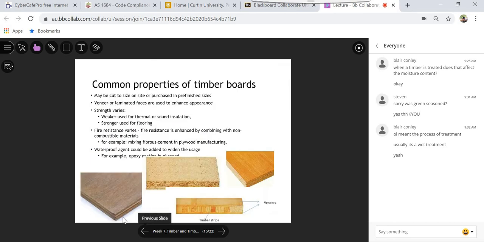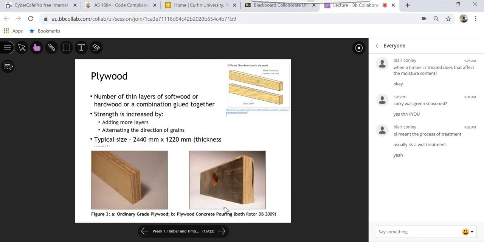So let's talk about each type. These are common properties, and then I'll talk about each type. As I said, I'm going to talk about four types: plywood, block board, particle boards, and MDF. Plywood is probably the one we widely use.